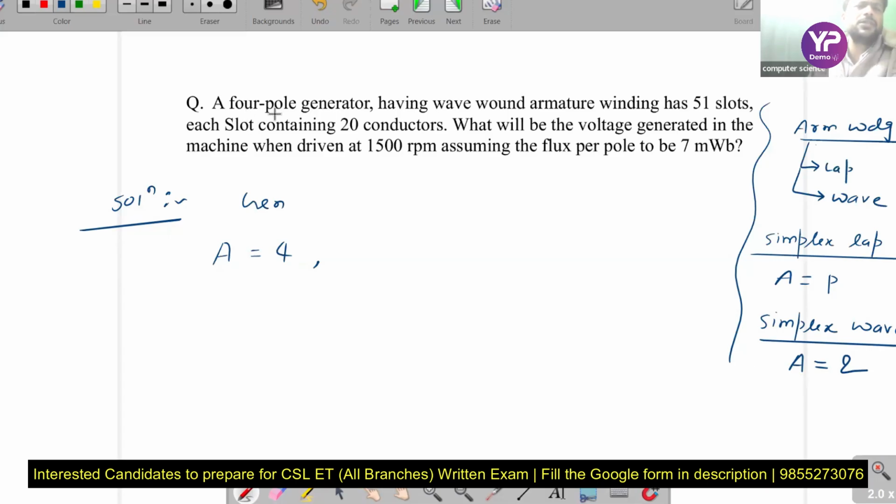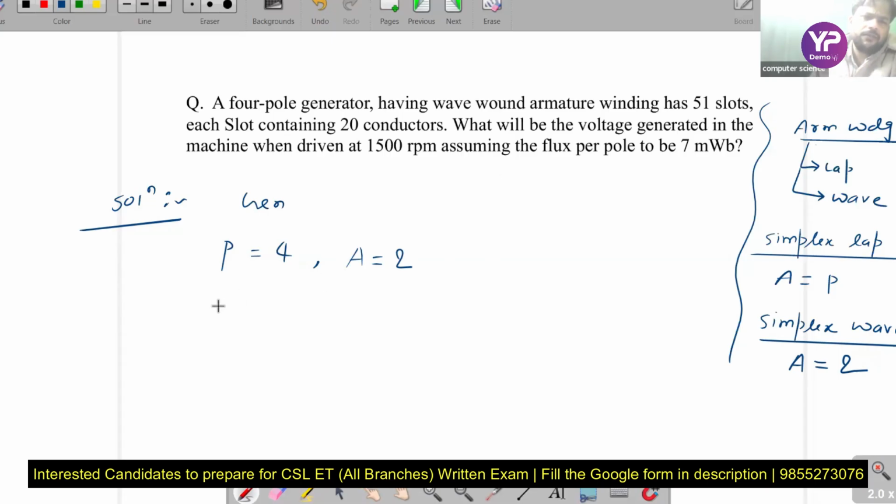So the question is, a four-pole generator having wave-wound armature. Wave-wound means the number of parallel paths is equal to 2. The armature winding has 51 slots.